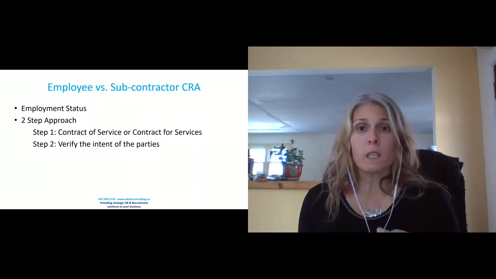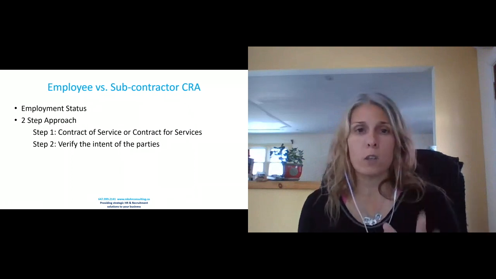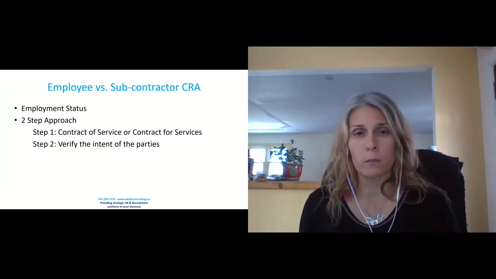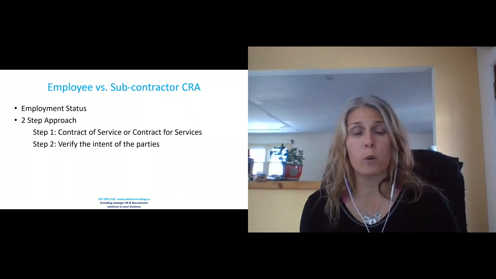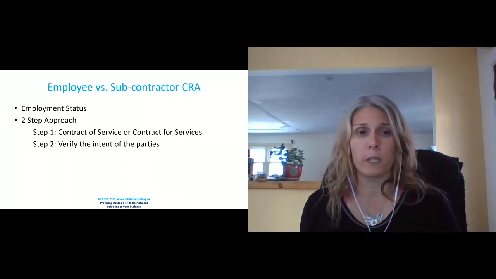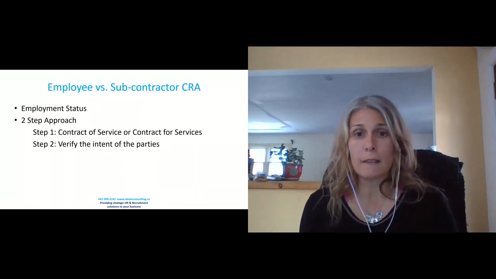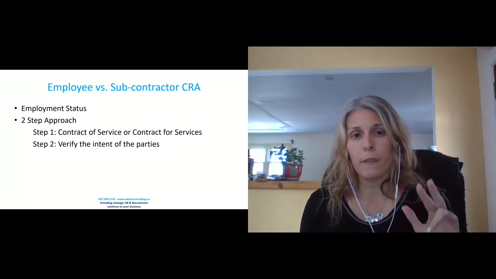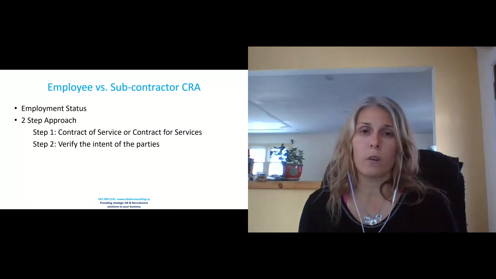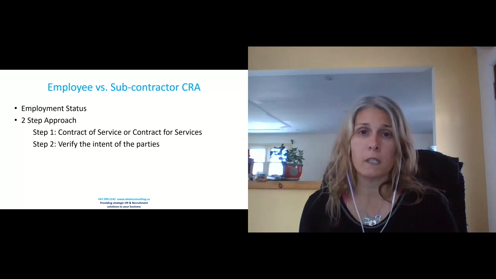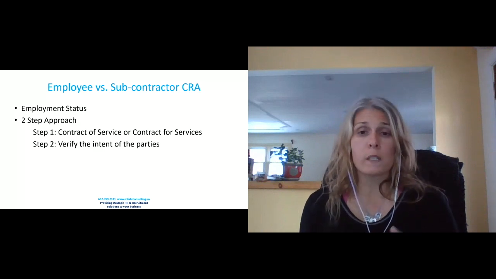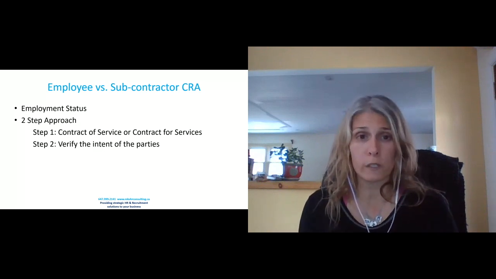So from a CRA standpoint, how they look at the employer-employee relationship or employer and subcontractor relationship is all based on the employment status. And they look at it with two steps. They look at, is it a contract of service or is it a contract for services?